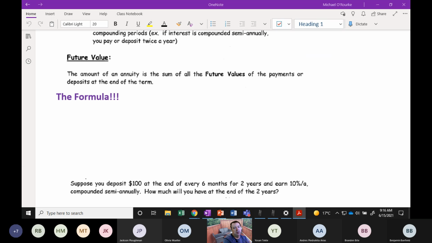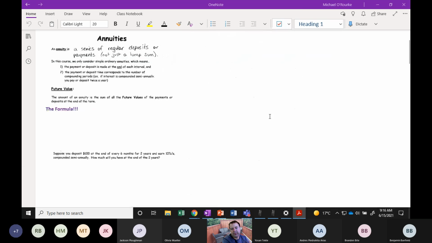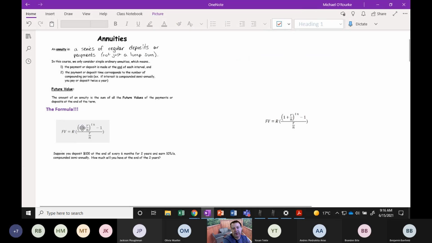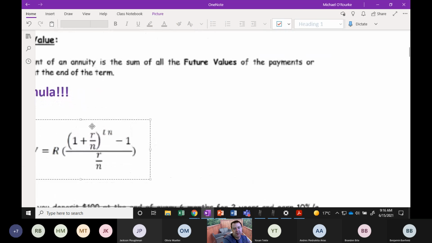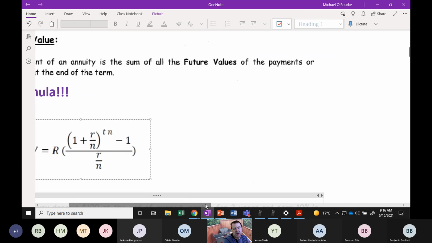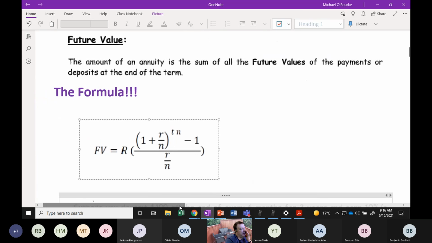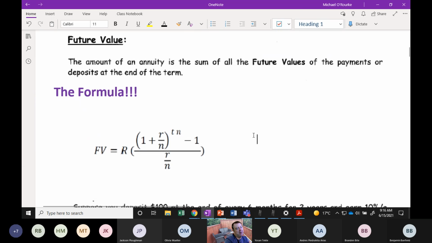All right. So I'm going to show you. Now, yesterday you guys are all cool with your formulas. And even though I said, like, if you use the TVM solver, you're not going to get 100%, but it'll be a little bit different.